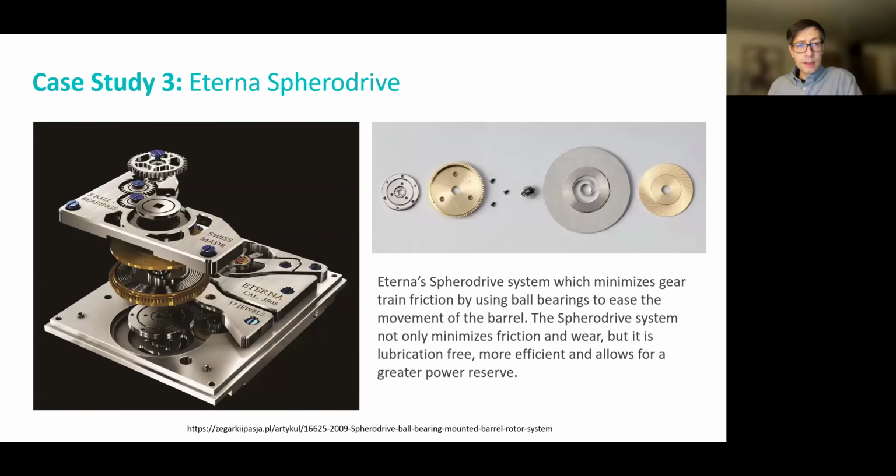And the third case is the Eterna Sphero drive, which is using ball bearings to ease the movement of the barrel. Very, very small miniature ball bearings, a quite innovative solution, which not only minimizes friction and wear, but also doesn't require lubricant to operate and improves efficiency.